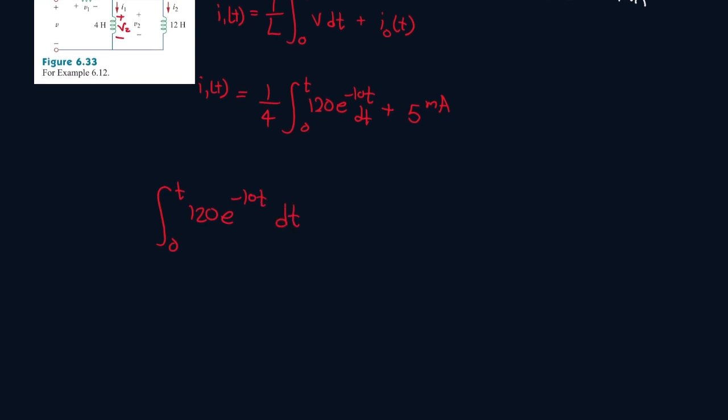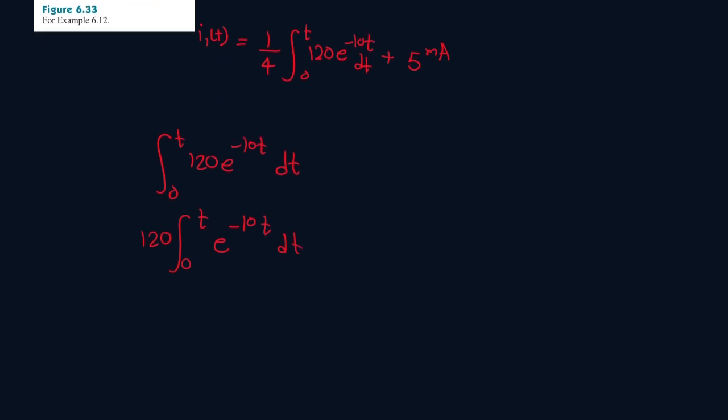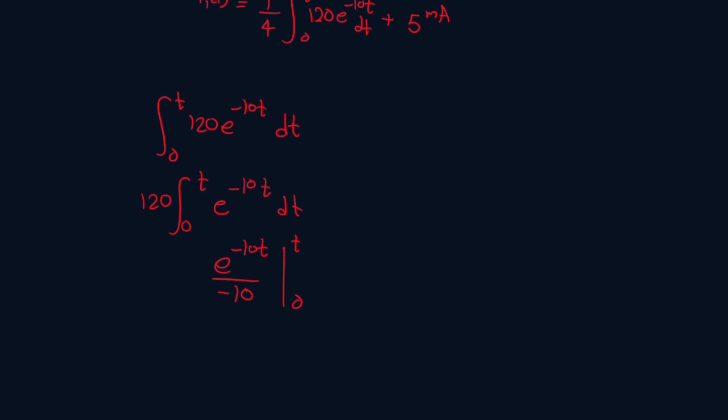So we can take out the 120 because it's a constant. So we'll have the integral of e^(-10t) dt. So to find the integral, we just divide by the derivative of the exponent up here. Okay? And then take the value from 0 to t.